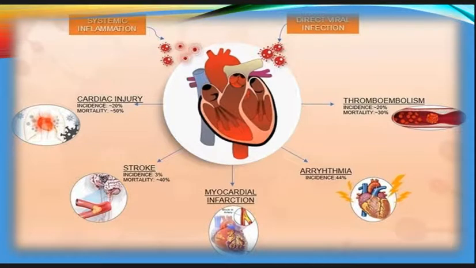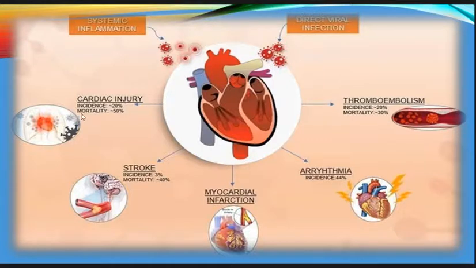Here we're looking at systemic inflammation and direct viral infection. As you can see on this slide, the systemic inflammation happens as soon as the COVID enters and gets attached to the ACE2 on myocardial cells. Direct viral infection.